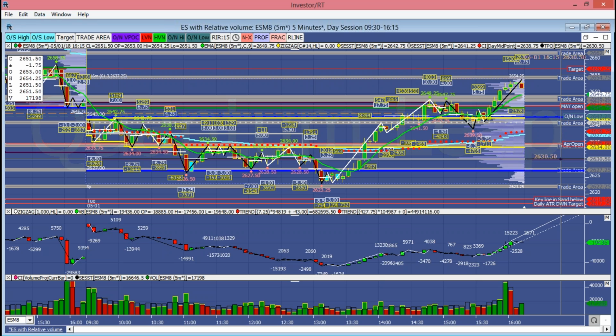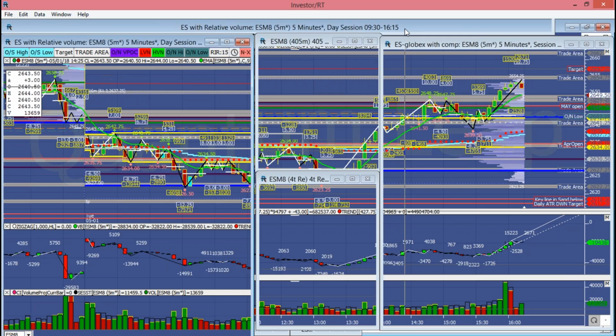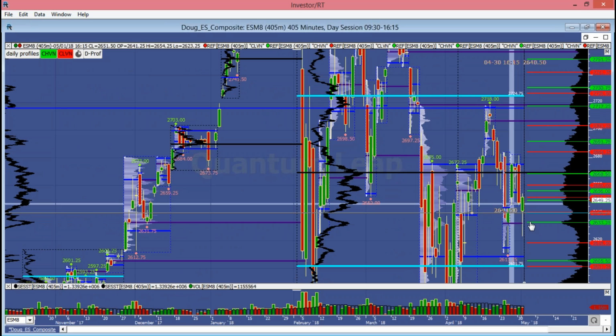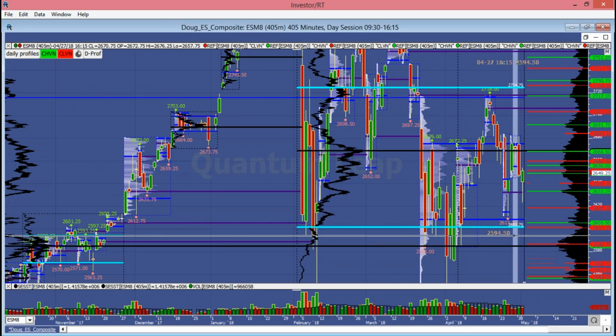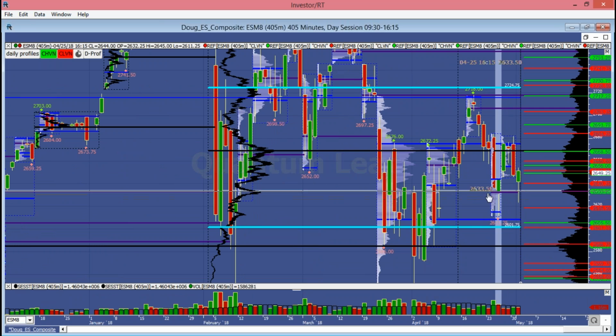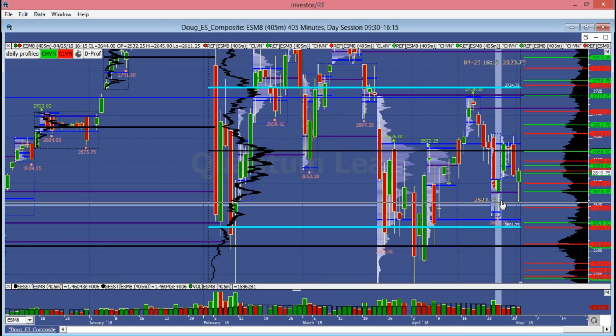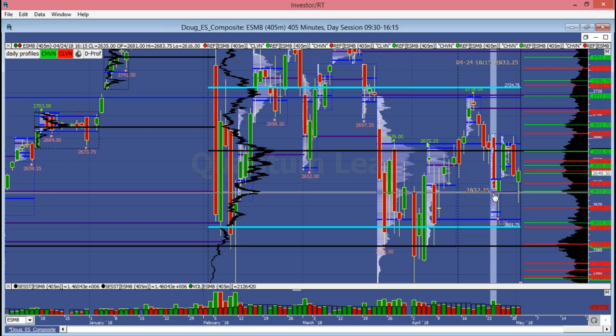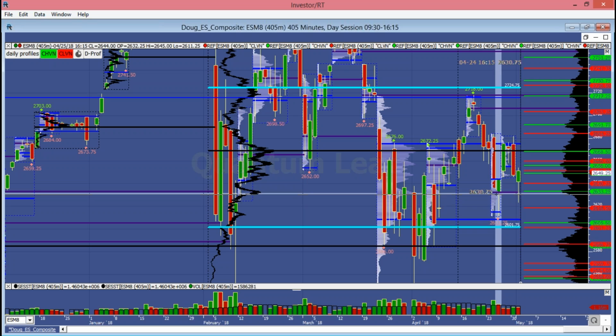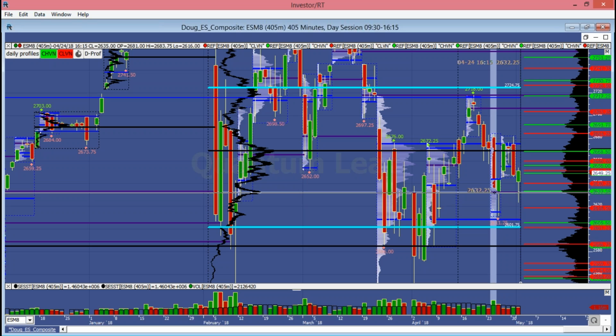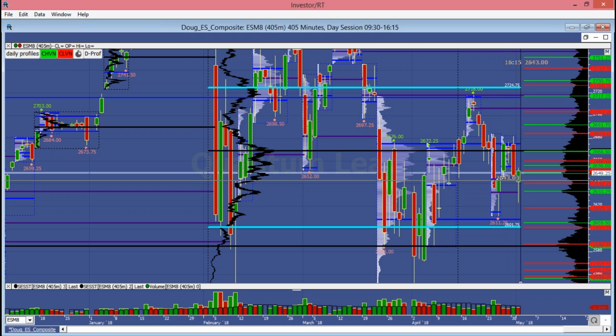This is important because if we take a look at the structure on the larger time frame, you can see that these 2 days down here, when we first made the move down to that 2611 last week, the 2-day microcomposite where the buyers stepped in was down here at the 33.25, and that's why we were looking for that to test.